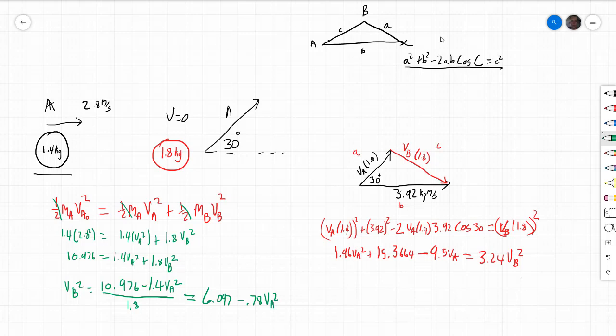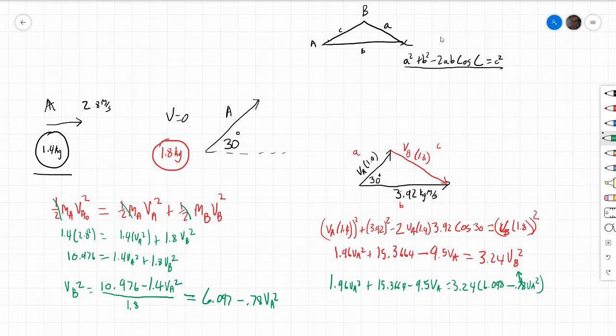That's VB squared, which means I can put it right there, and I can say, okay, 1.96 VA squared plus 15.3664 minus 9.5 VA equals 3.24 times, and instead of VB, I'm going to use 6.09798 actually, minus 0.78 VA squared.